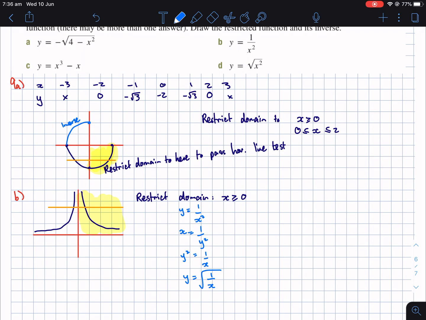That's going to look like that. Mostly because I was like, I can't figure this out, so I'm just going to reflect it along here. Yeah? Okay.